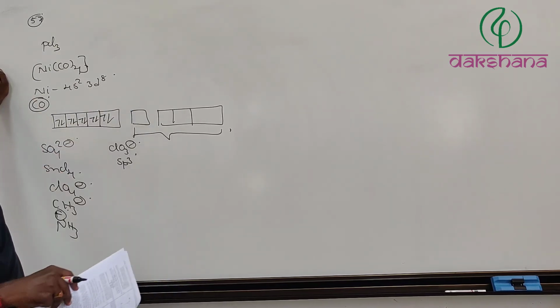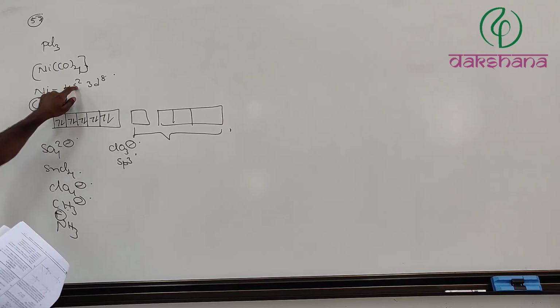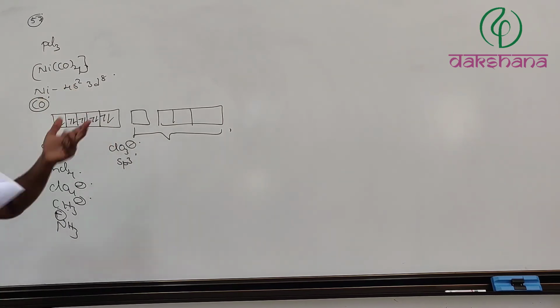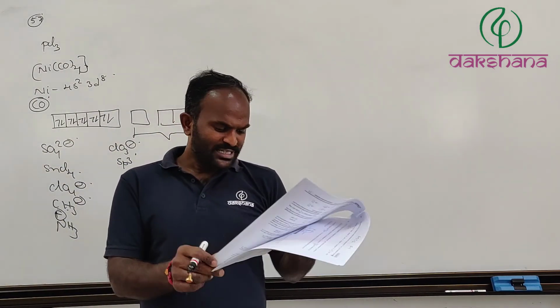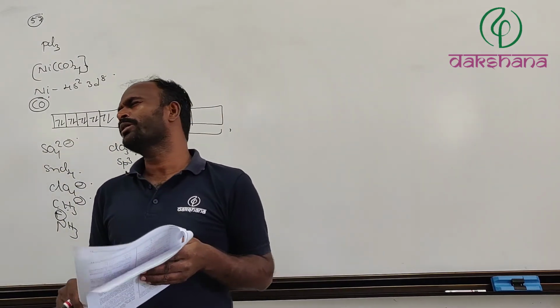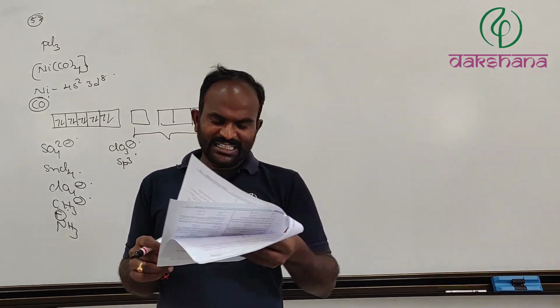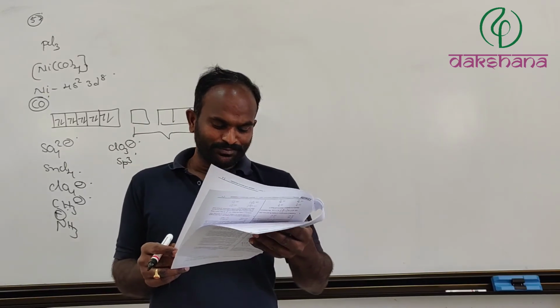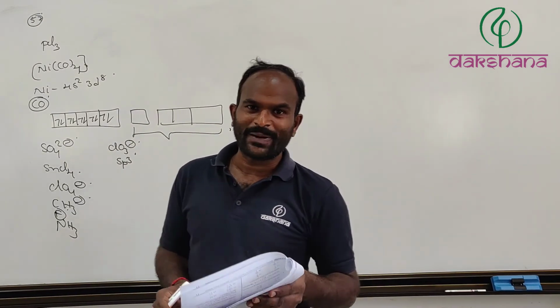When it is plus 2, definitely the s orbital vacancy will be there, and d8, which means definitely dsp2 hybridization. PCl5 is sp3d. CH2O is sp2 hybridization. SF6 is sp3d2, Cl2CO is sp2, I3 minus is sp3d, H2S is pure orbitals participation.